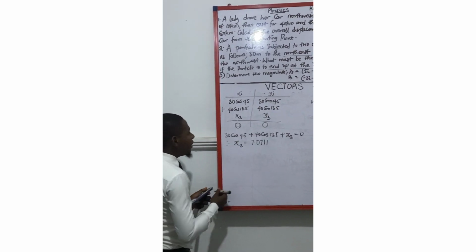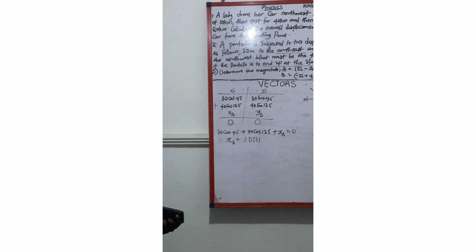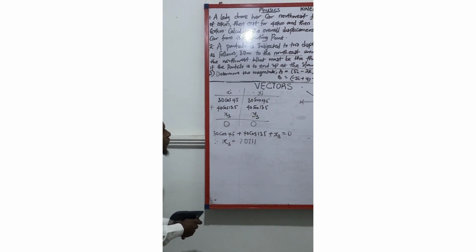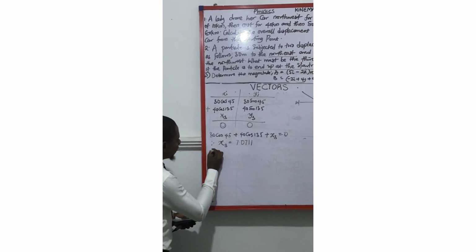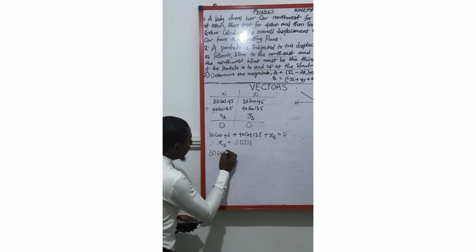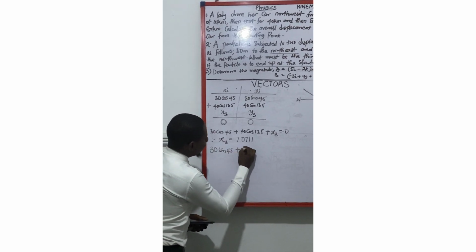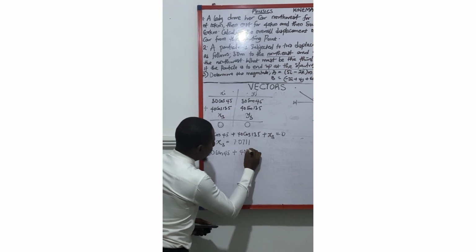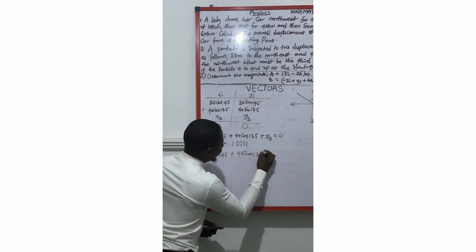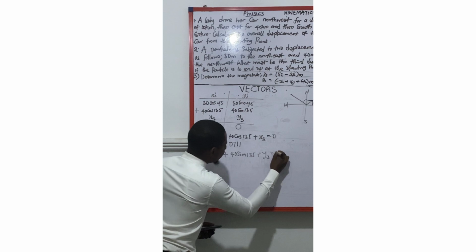Next, we go to the y direction. So here we have 30 sine 45 plus 40 sine 135 plus y3 to be equal to 0.